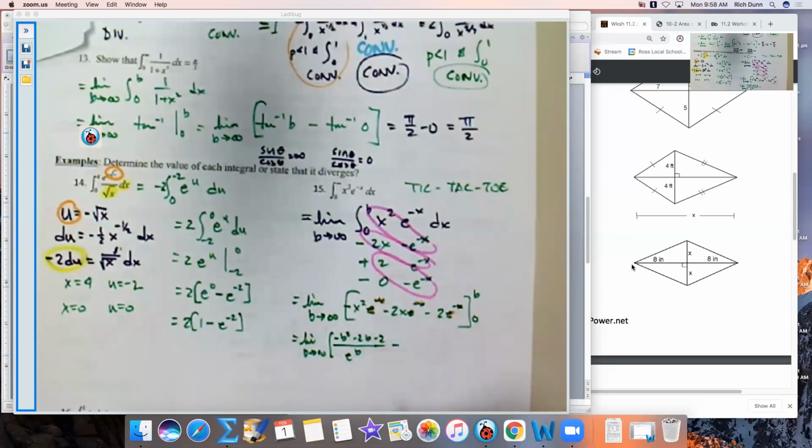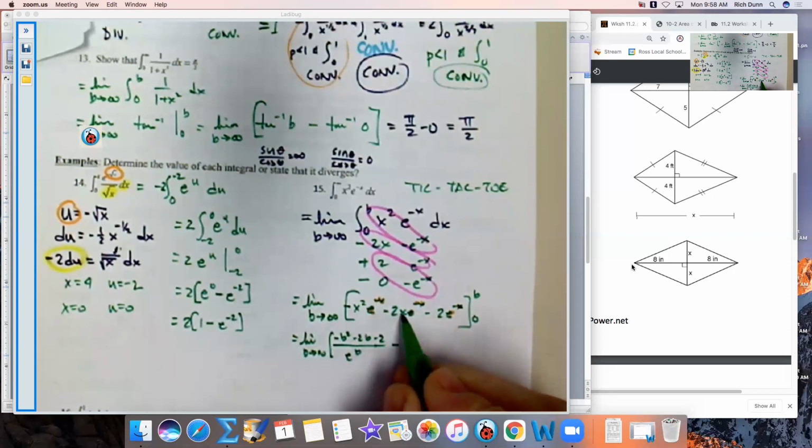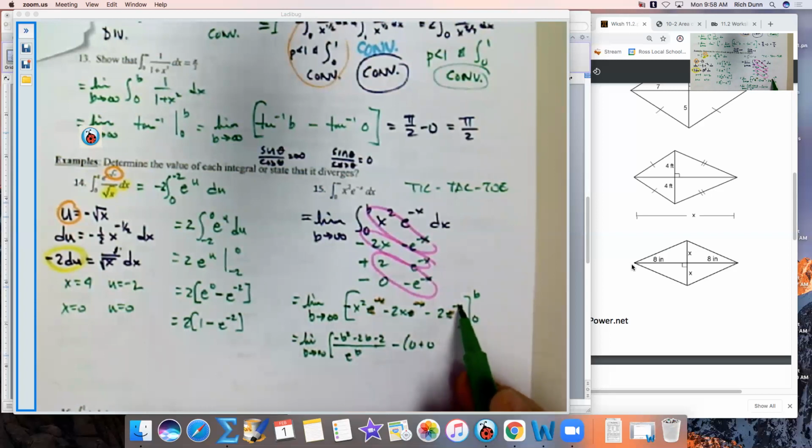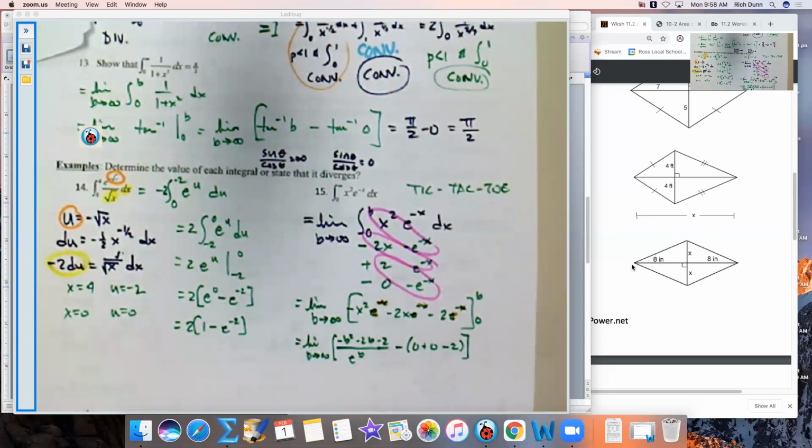And then I'm going to subtract, well, when I put in 0, these two guys are both going to be zeros. But this one, e to the negative 0, will just be 1 times 2. So this will be minus 2. Okay.